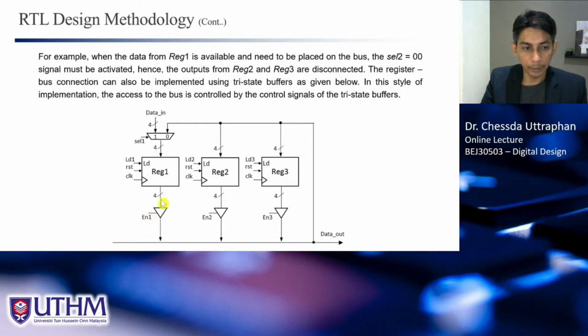If it is active, it is connected. So this is another way to implement the bus, where we use the three-state buffer to control whether we want the data to go to the bus or not. So there are two ways, and you can use either one.